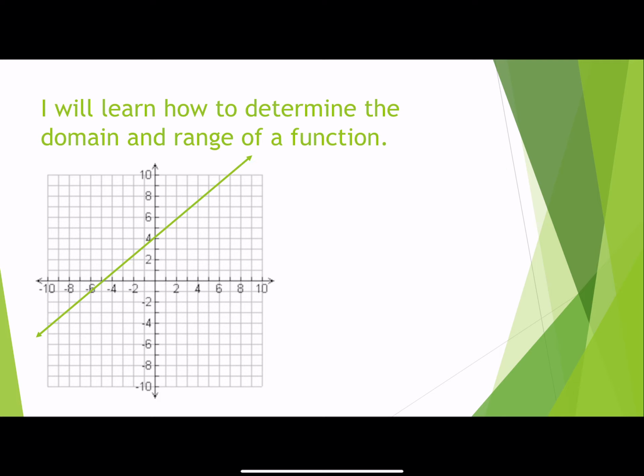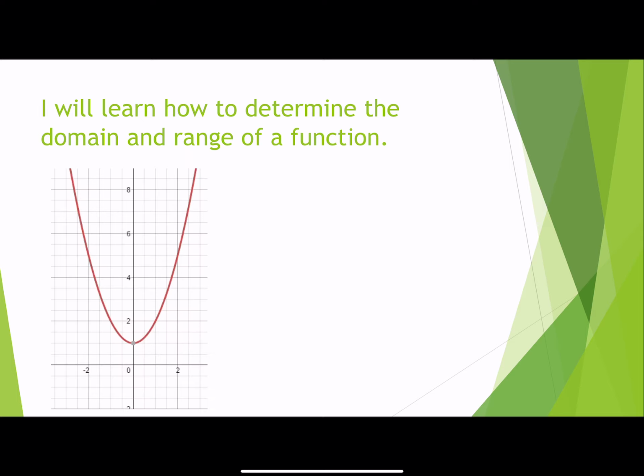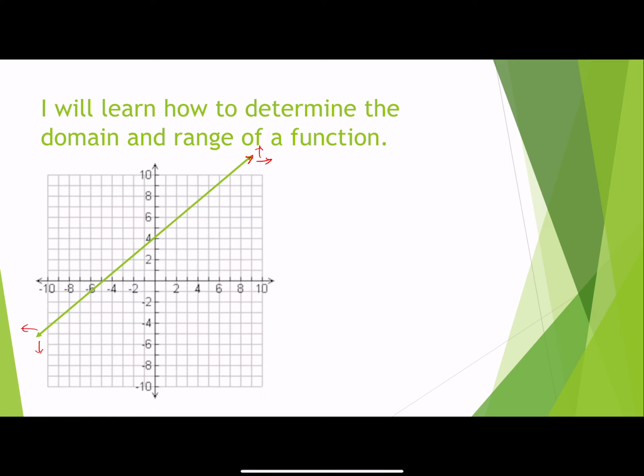How will I determine the domain and range? Well, this is going forever in the x direction and forever in the y direction. Same here, in the negative x direction and the negative y direction. It's going forever. So I can say something like domain equals the set of all real numbers.